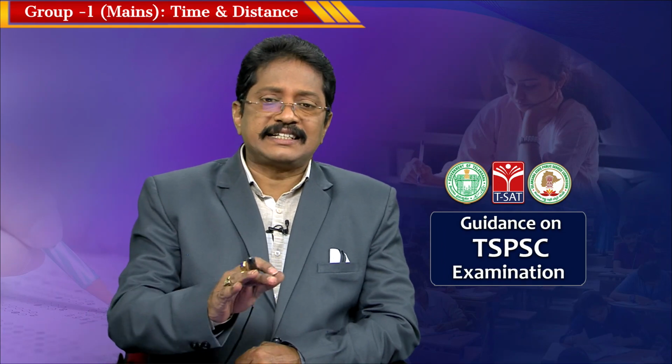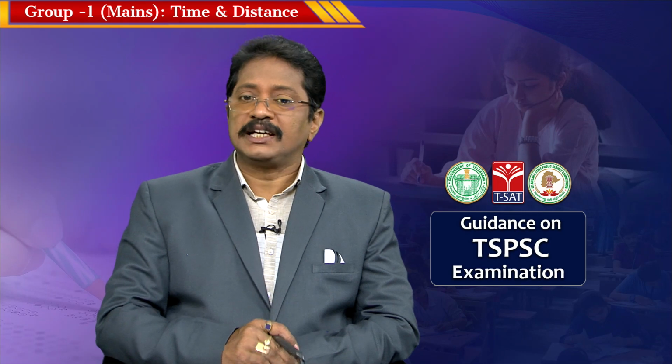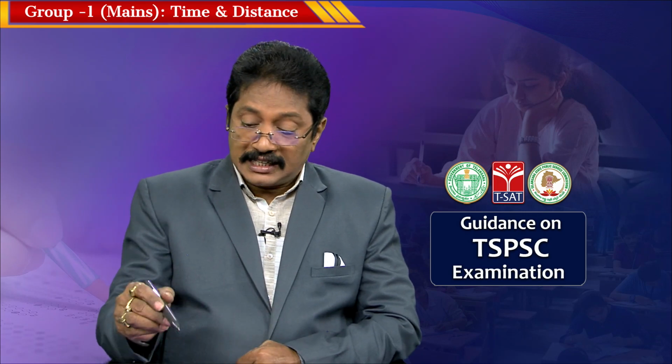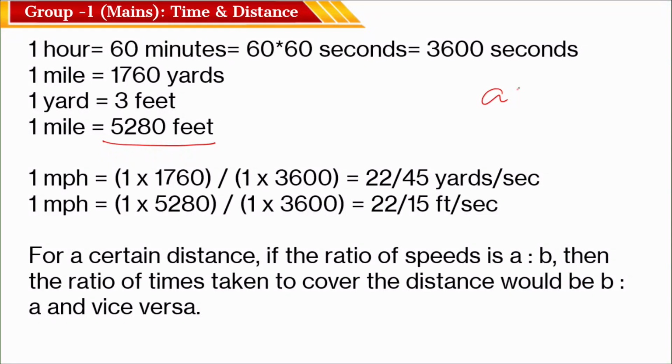For a certain distance, if the ratio of the speeds is A is to B, then the ratio of the time taken to cover the distance would be B is to A. It is inverse proportion.